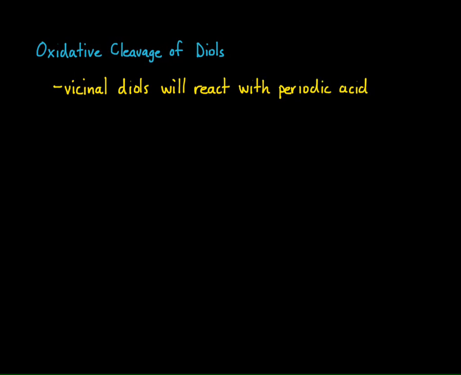The last oxidation we're going to look at in this section is an oxidative cleavage of a diol, and specifically a vicinal diol. So vicinal diols will react with periodic acid, not perchloric acid, it's periodic acid. And periodic acid is HIO4. It's very similar to perchloric acid, HClO4. And the product of this are carbonyl compounds, right?